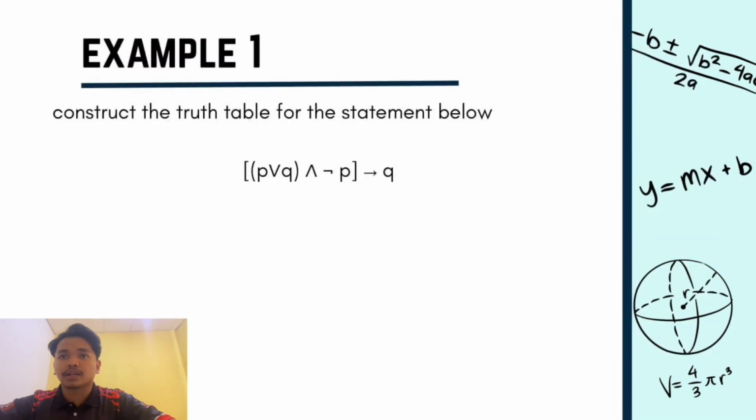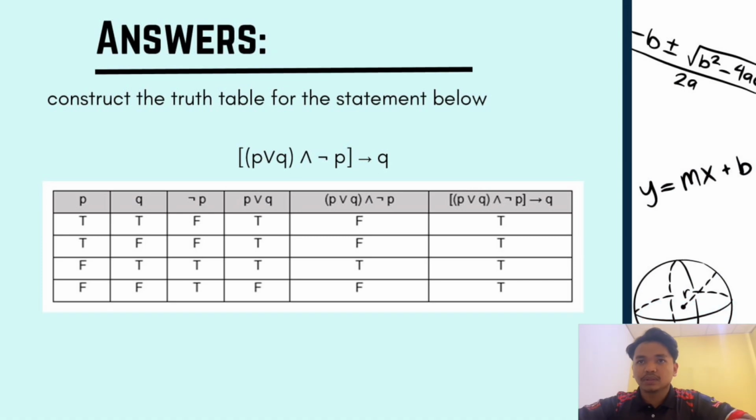Okay, for example 1, construct the truth table for the statement below: (P or Q) and not P, implication Q. Okay, for the answer, first, we need to make a truth table.